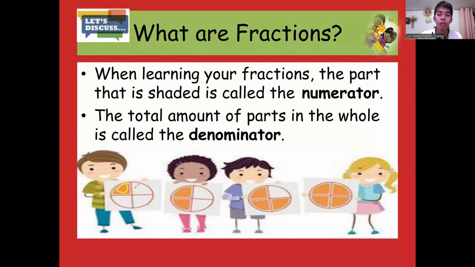Now, the total number of parts in the whole is called the denominator. So, how many parts are there, how many pieces in all, including the shaded part? 1, 2, 3, 4. Your numerator is 1 because only one part is shaded.